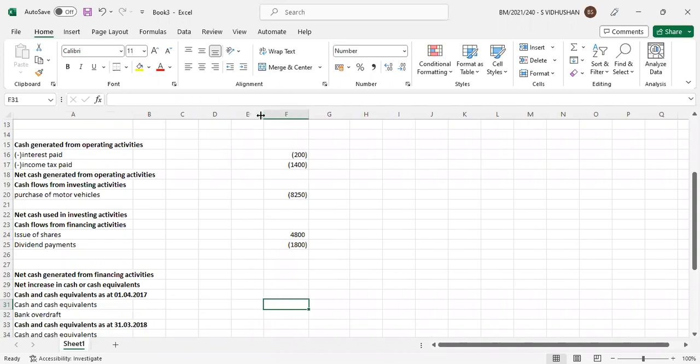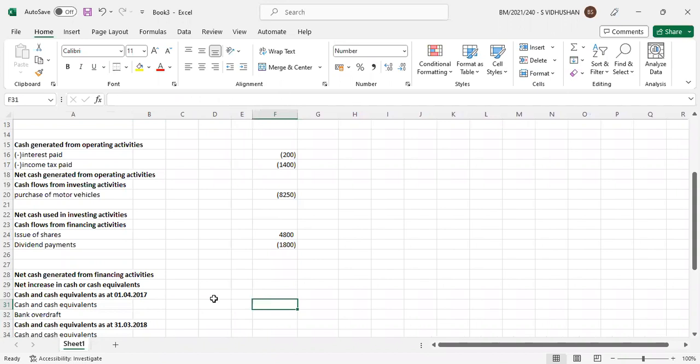How much opening balance do you have? 2,200. Then you have a bank overdraft of 1,400.